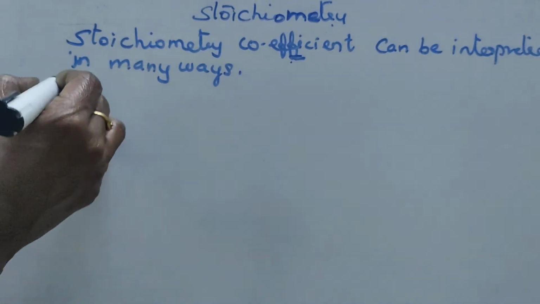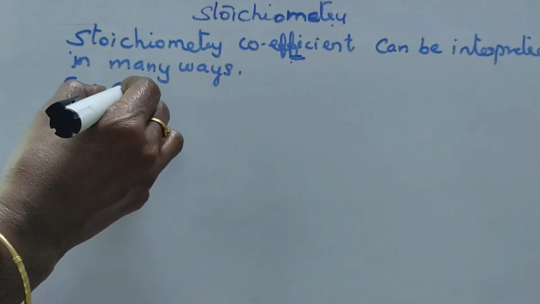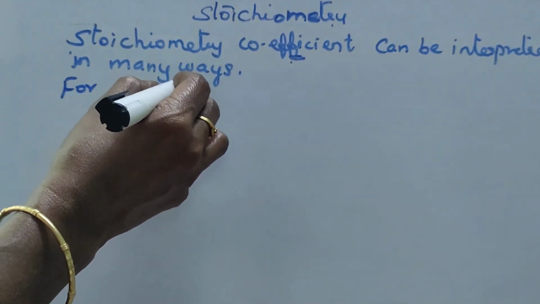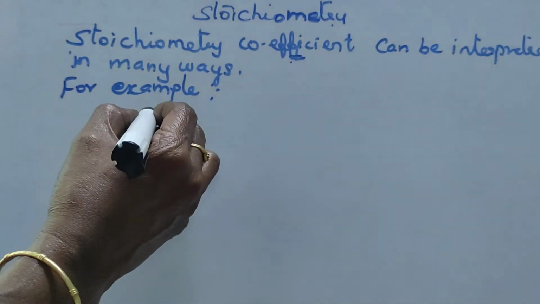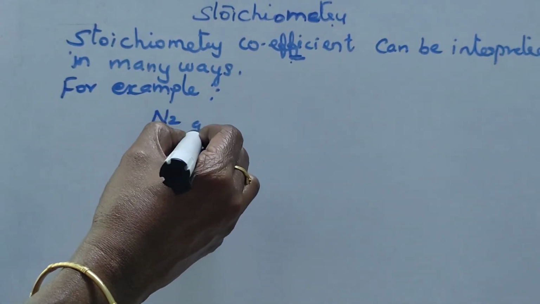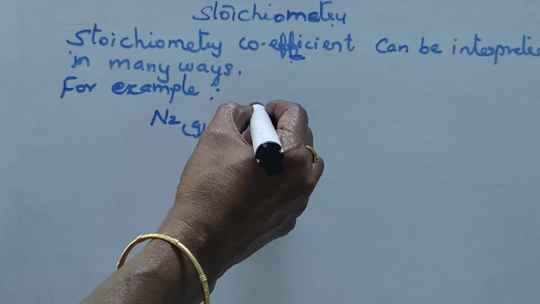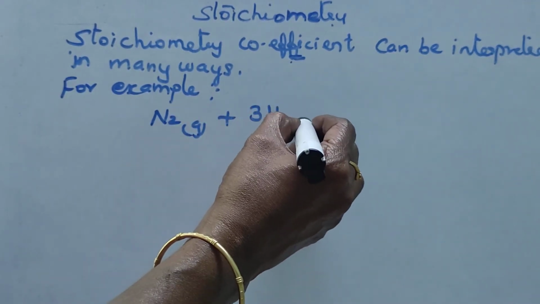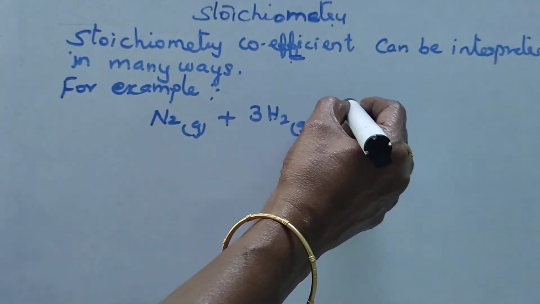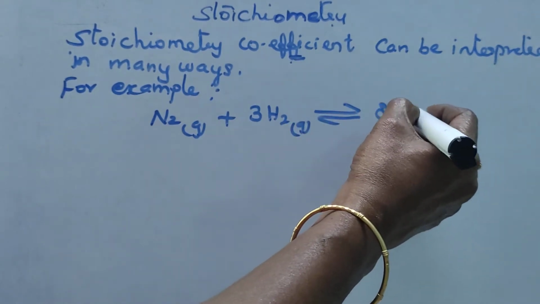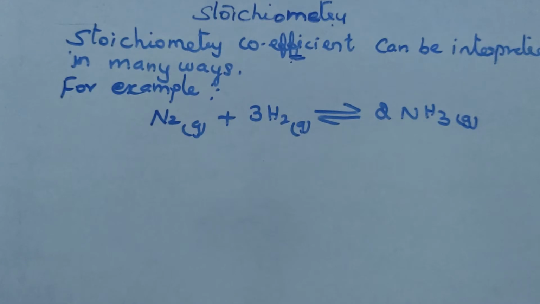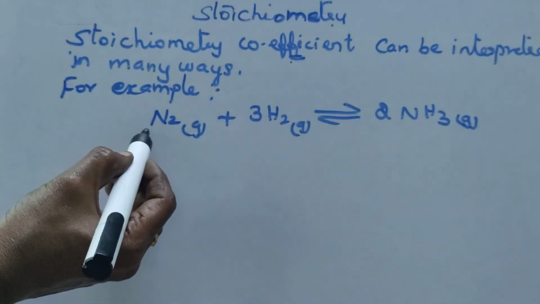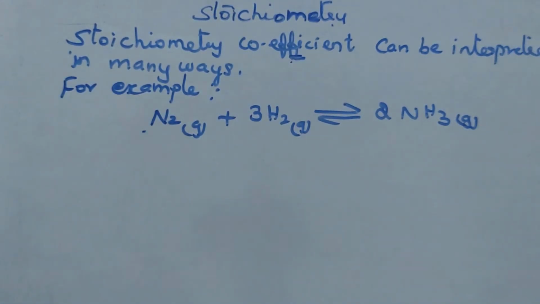So let us take one example. Real chemical reaction can be taken as an example here. N2 in the form of gas plus 3 molecule of H2 in the form of gas, it produces 2 NH3 in the form of gas. Here no number, that means 1.